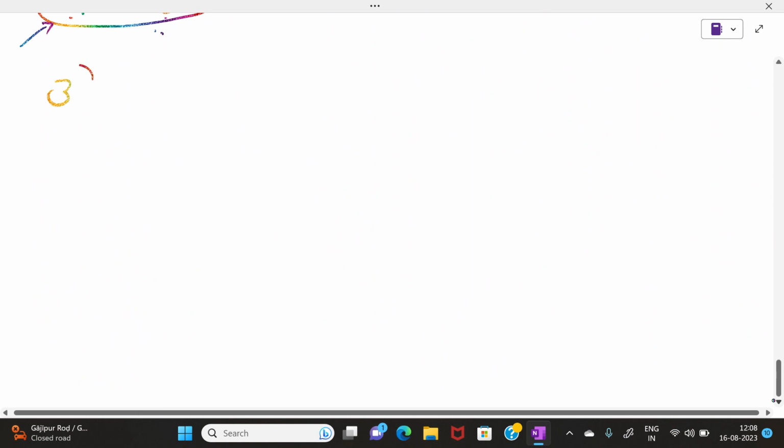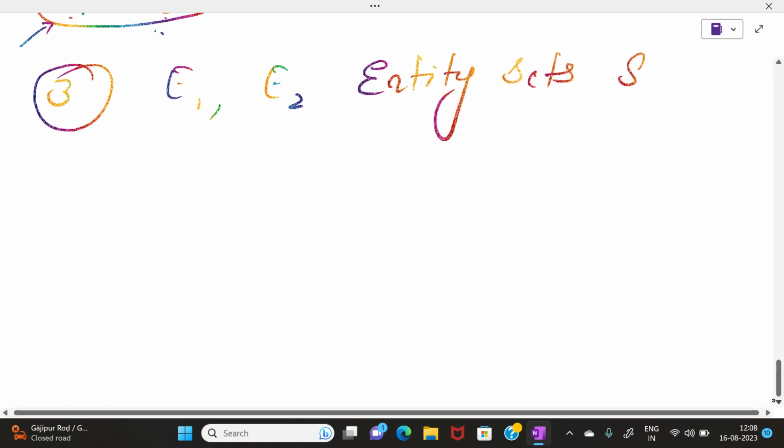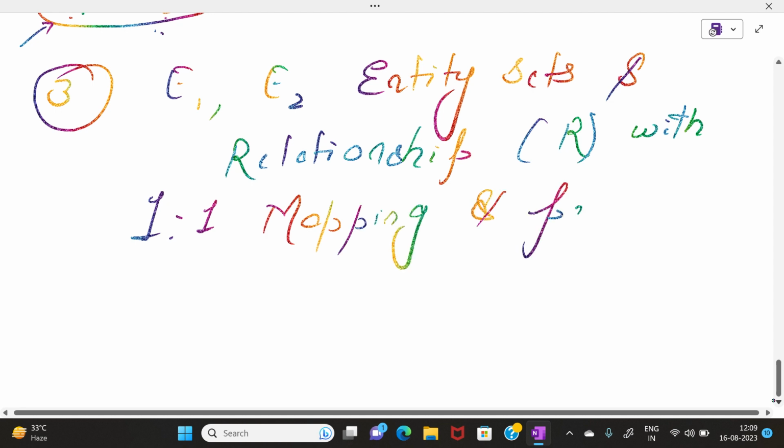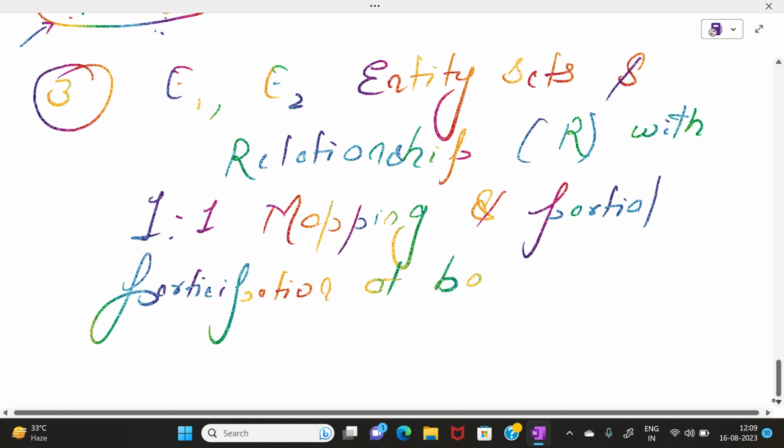Let's say another example. Here E1, E2 are the entity sets, and the relationship set is R with 1:1 mapping, and there is partial participation at both ends and only single-valued attributes.